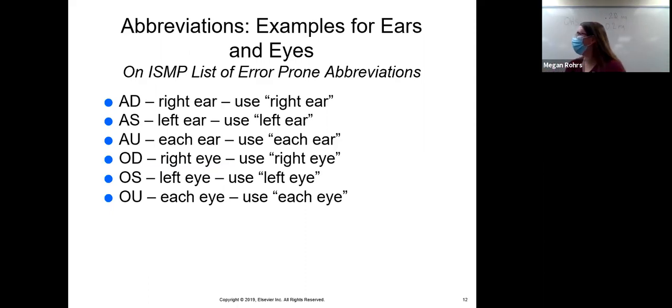So A is for the ear, so we can think of the auditory system, or ear has an A. And then O is for eye, so for the ophthalmic system. So then if you could remember, A is ear, O is eye, D is right, S is left, then you should be pretty set. That way U is just for each ear or each eye, both ears, both eyes, means the same thing.